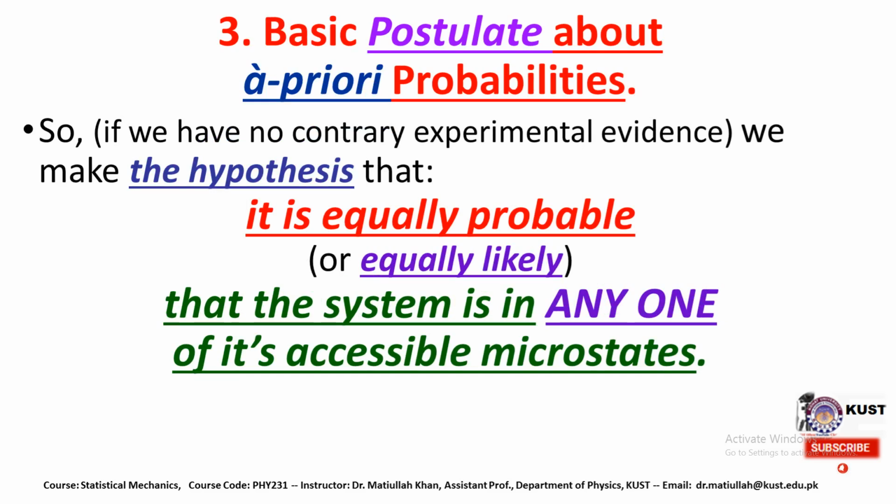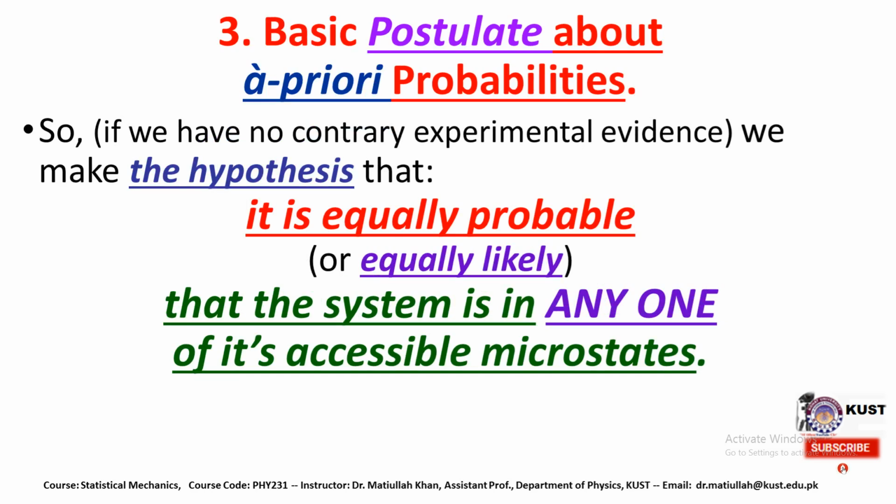Coming toward the further definition or understanding of the probability, if we have no contrary experimental evidence, we make the hypothesis that it is equally probable, or equally likely, that the system is in any one of its accessible states.